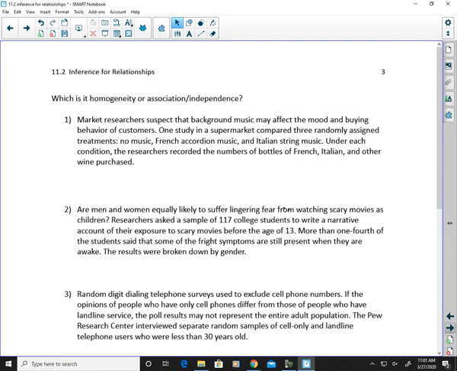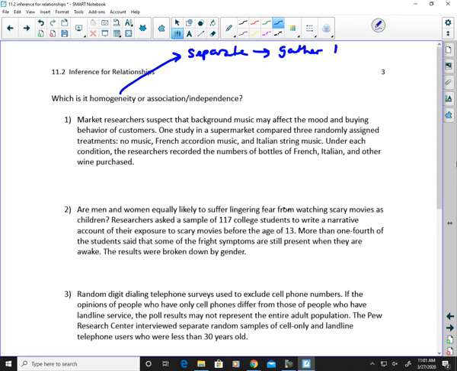So think about how you have to have things separate and then you gather data and then you analyze. Or did you have a big group, you gathered your data, then you separated, and then you analyze. So there's that order. For homogeneity, you're going to want to be separate, then you're going to gather your data, and then you're going to analyze.